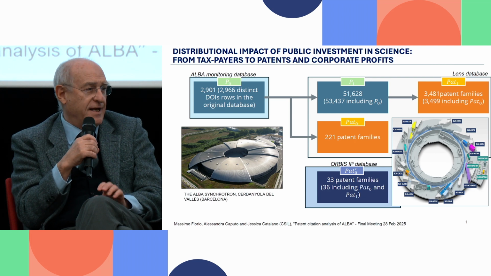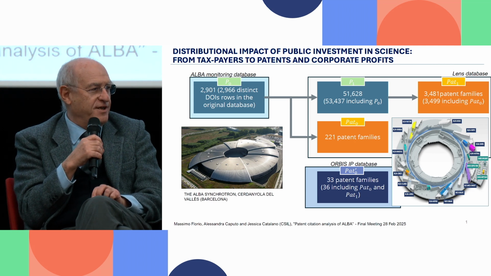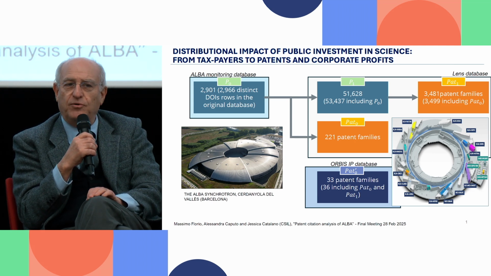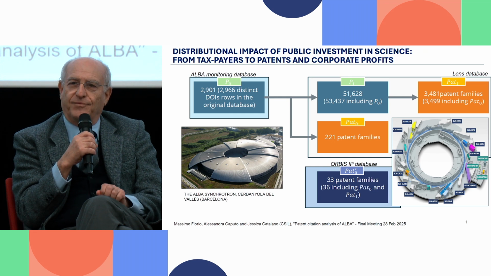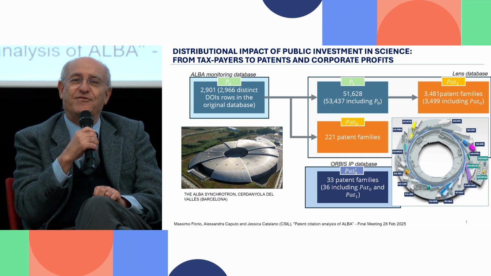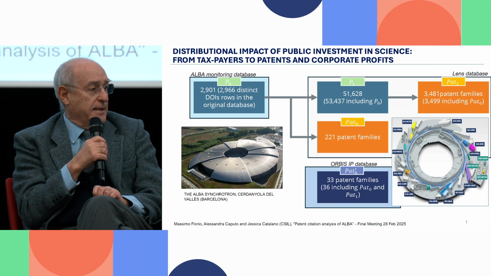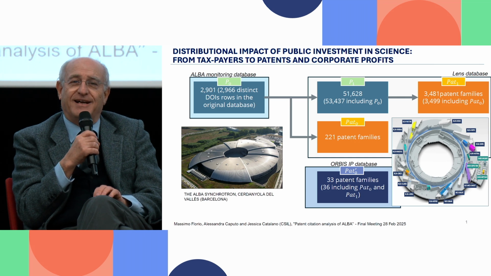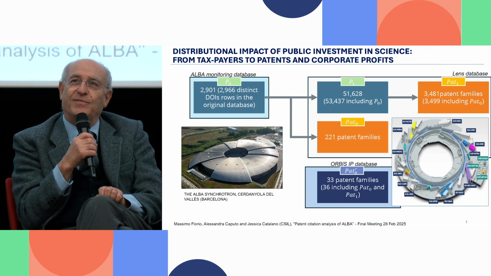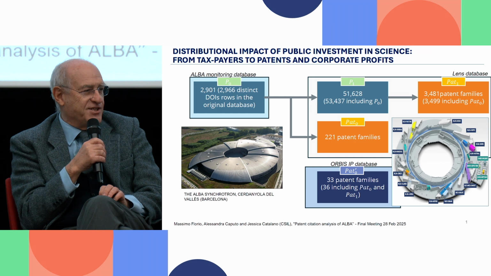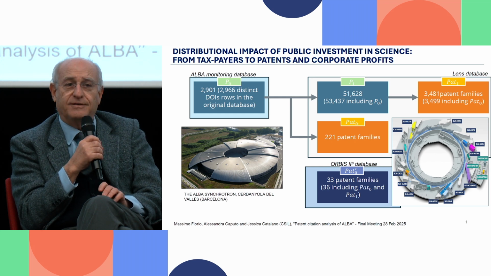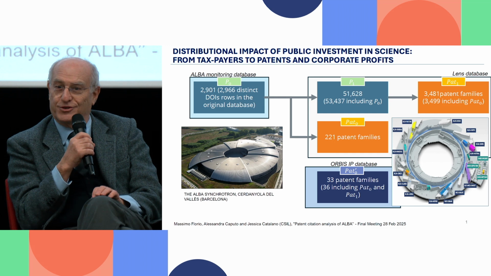So what I will do here is give you an example, rather unconventional, if you wish, of where distributional issues would appear even in something quite exotic as a synchrotron radiation source.